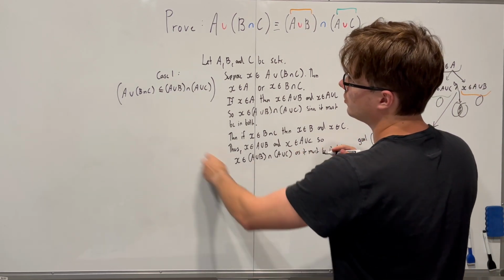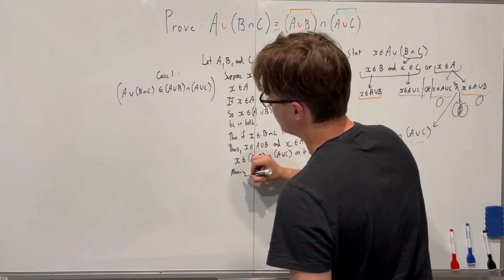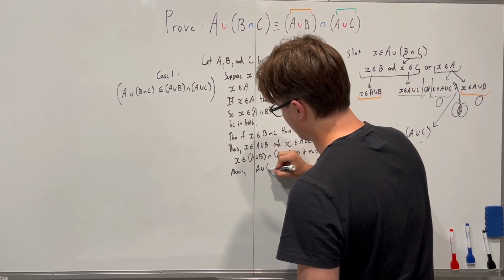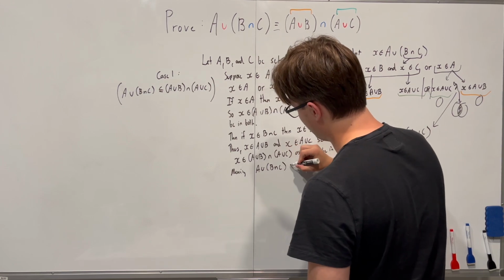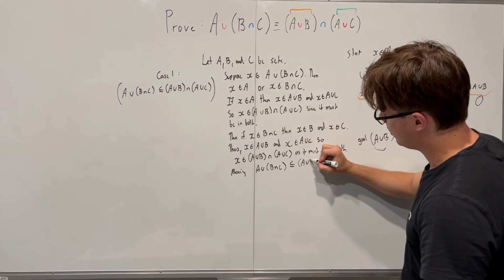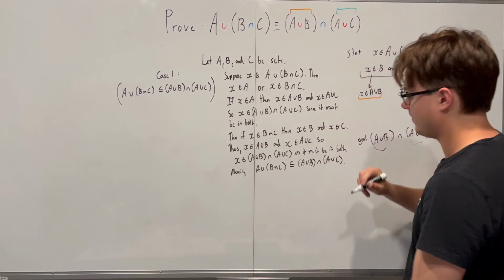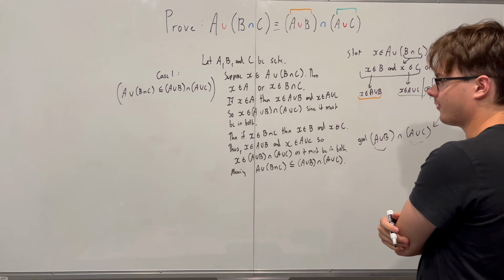And then we can conclude that this is true, meaning A union (B intersect C) is a subset of (A union B) intersect with (A union C). Okay, we've done our first case.